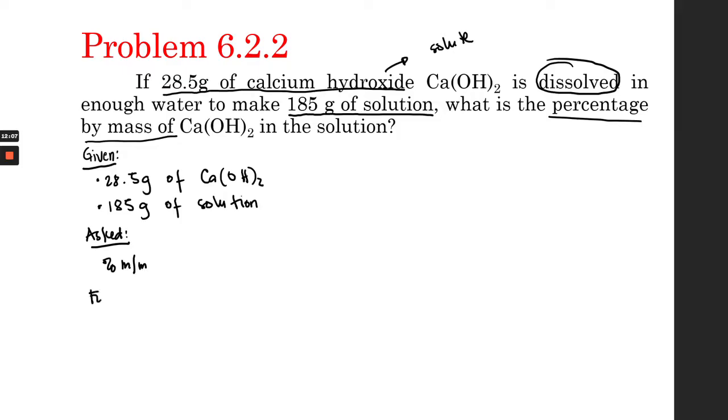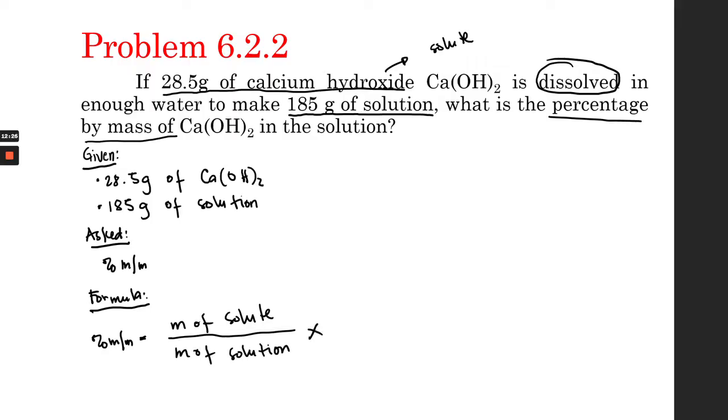So the formula that we are going to use is basically the formula that we've just talked about. So percent by mass is equal to the mass of solute divided by the mass of solution times 100. So basically we just have to substitute the numbers.